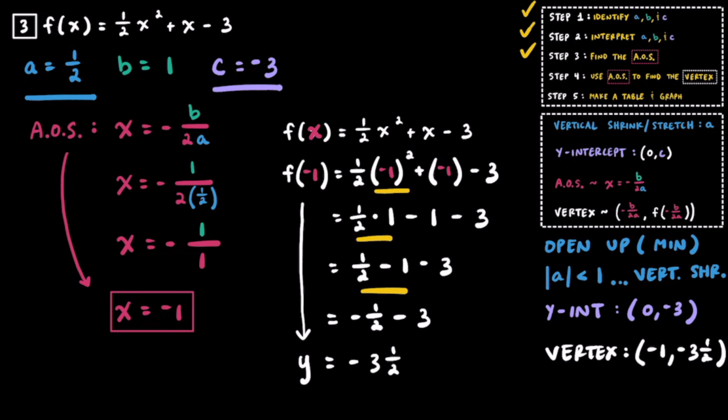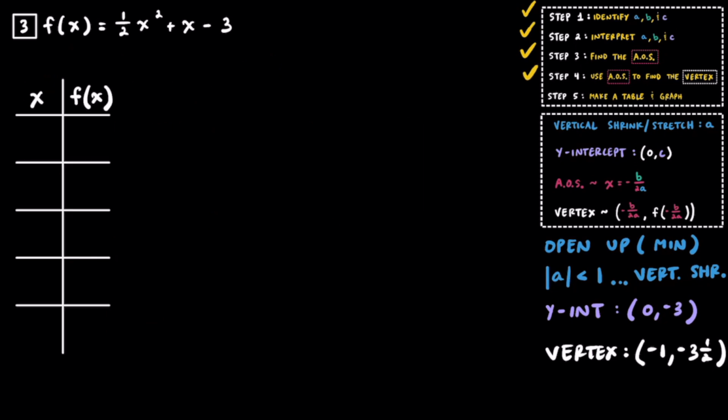Now that we found our A.O.S and our vertex, let's finally make a table, then make a graph. Here's an example of a table that will be helpful to make a graph.